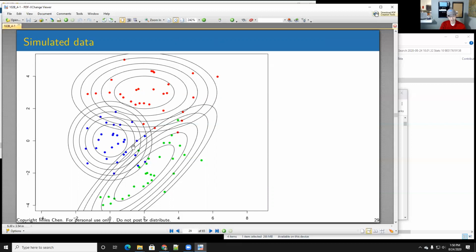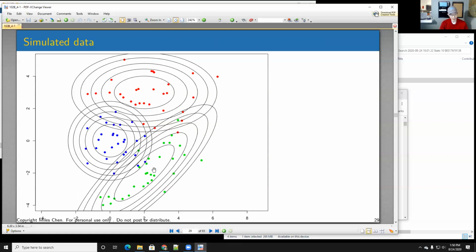The ellipses are circles because they have the same variance in the x1 and x2 directions, and there's also no covariance. They are independent of each other, so the axes of the ellipse, which is really a circle, are perpendicular to each other.